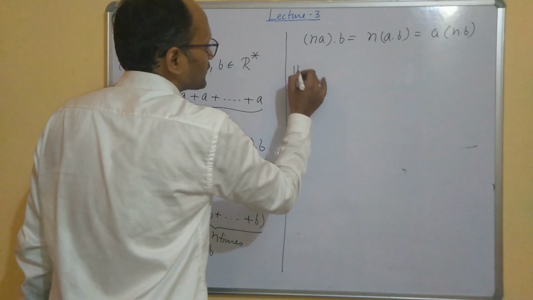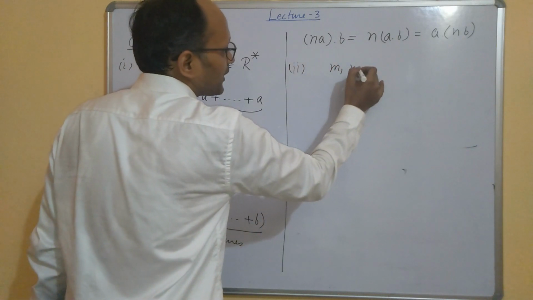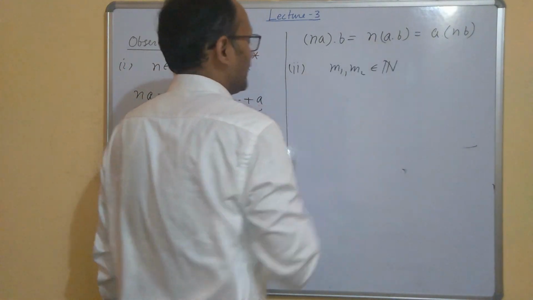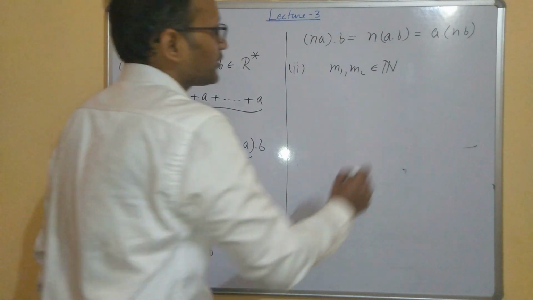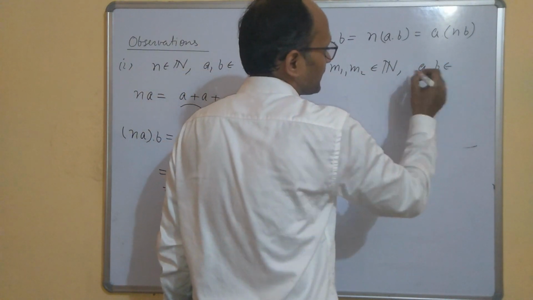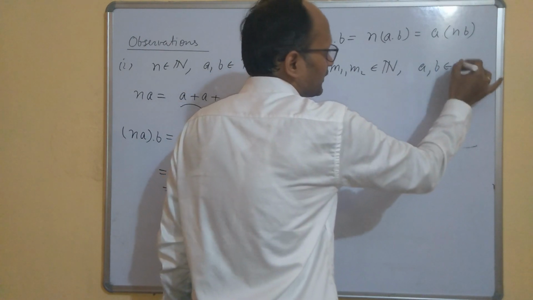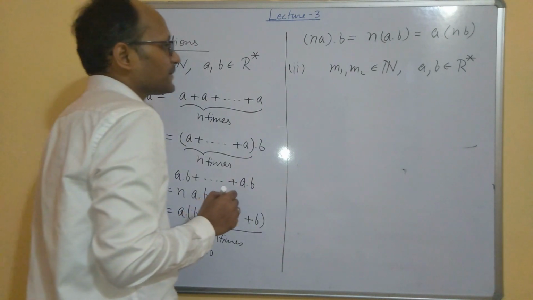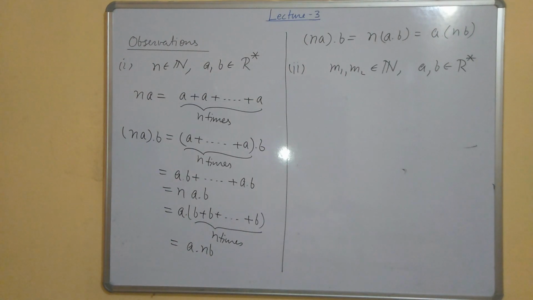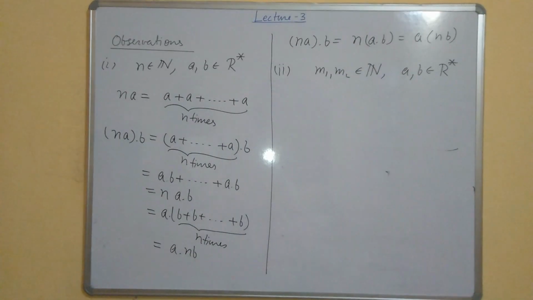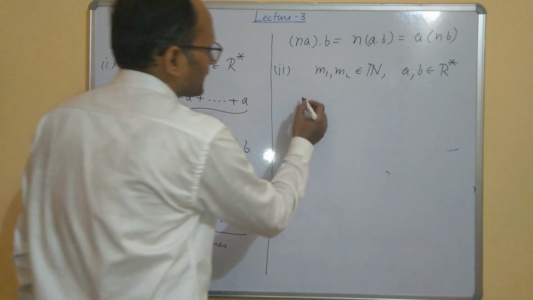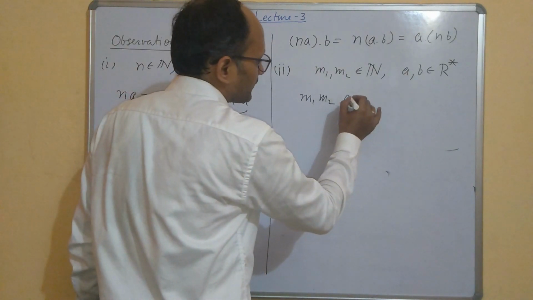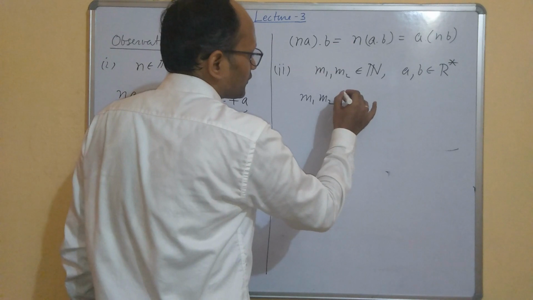Now one more observation let us do. Suppose I take two elements m1, m2 in N, that is natural number, and I take two non-zero elements a, b in the ring R. So now consider m1, m2, a, b.